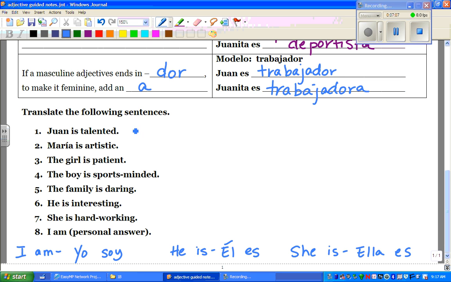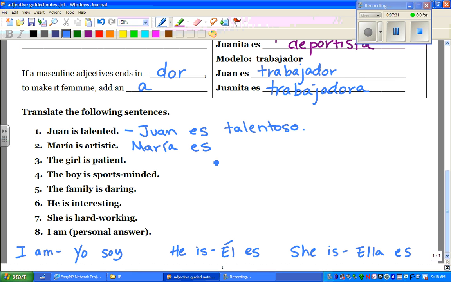Juan is talented. You start with Juan. How do you say is? Es. And then how do you say talented? Get out your vocab sheet and you look it up. Talentoso. Do you need to make a change to that? No, because it's singular masculine. But you look at Maria is artistic.